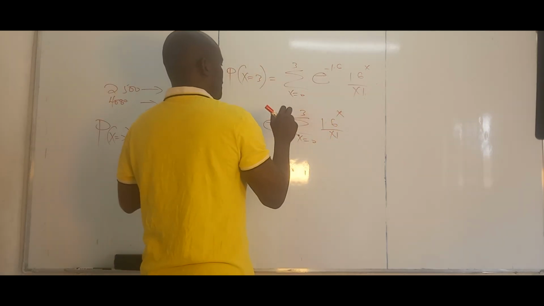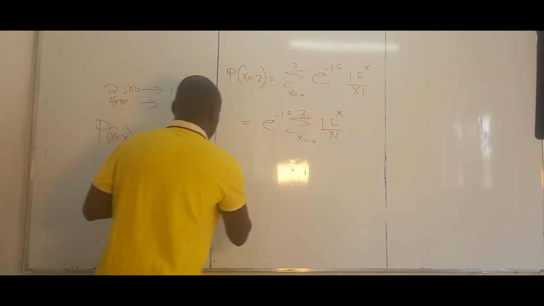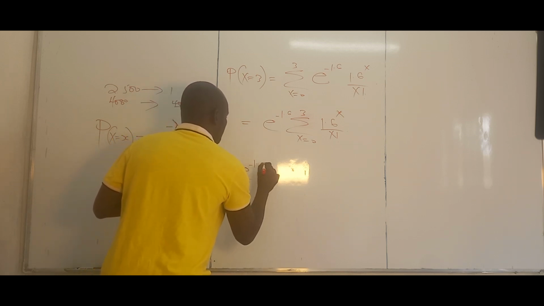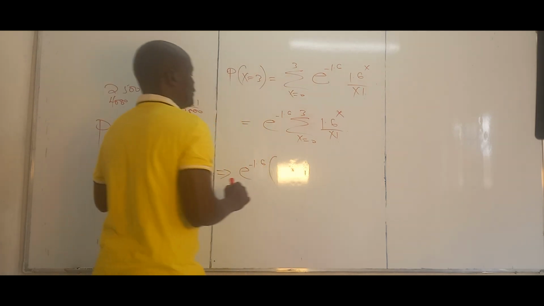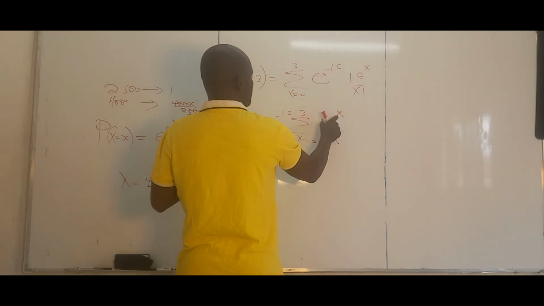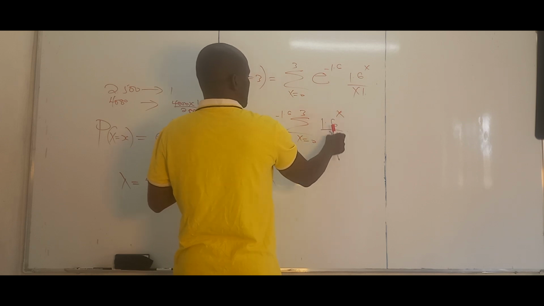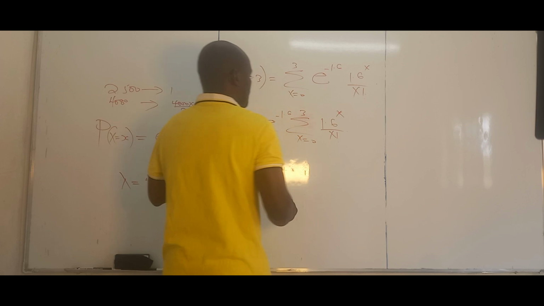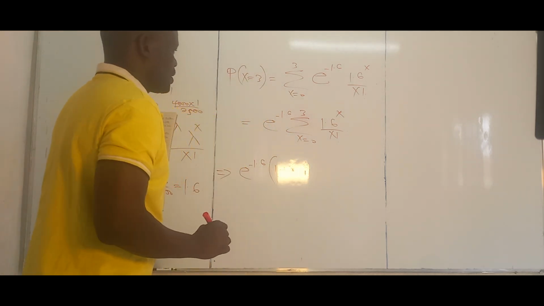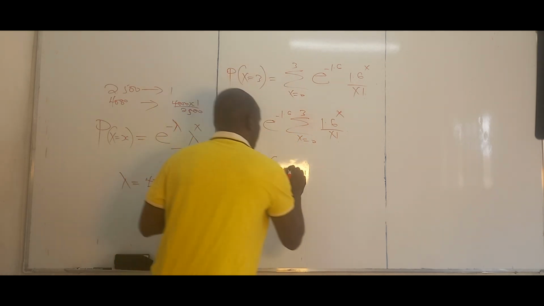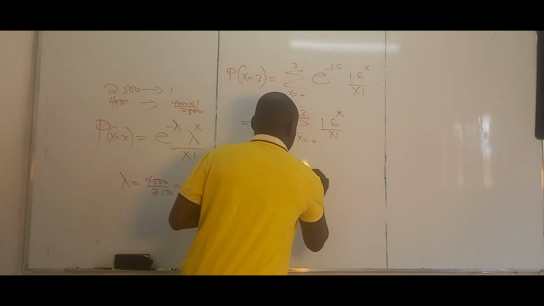So we take cases. The first factor is e raised to power negative 1.6. In bracket, when x is 0, this will be 1. Plus, when x is 1, we have 1.6 over 1, which is just 1.6.